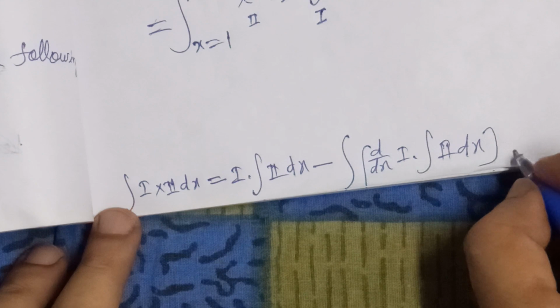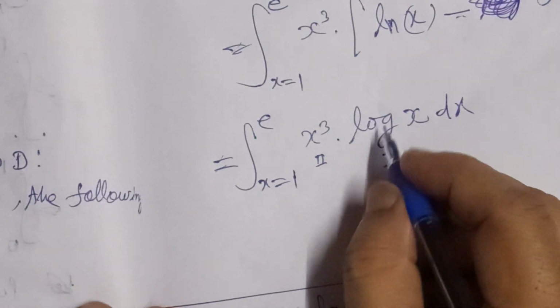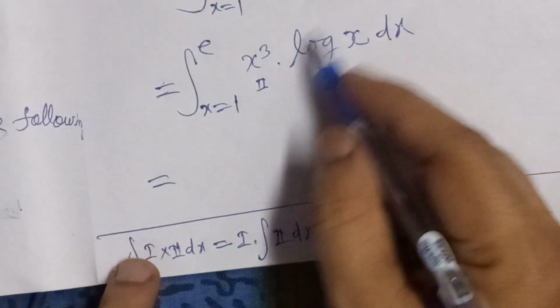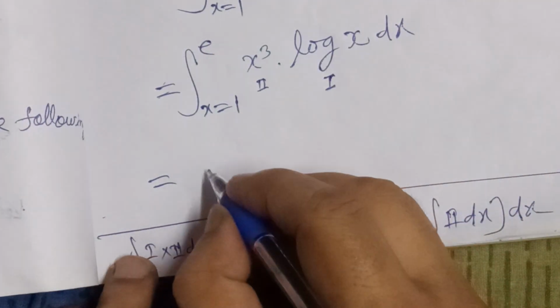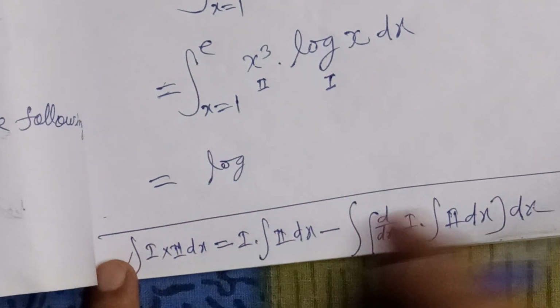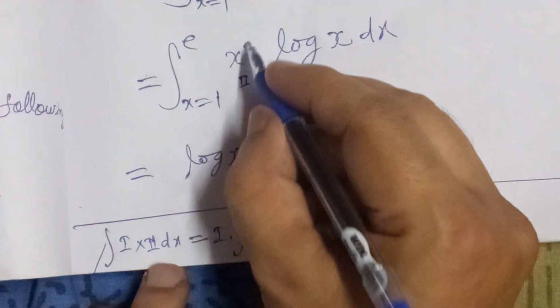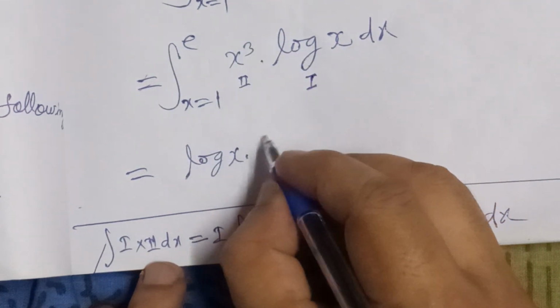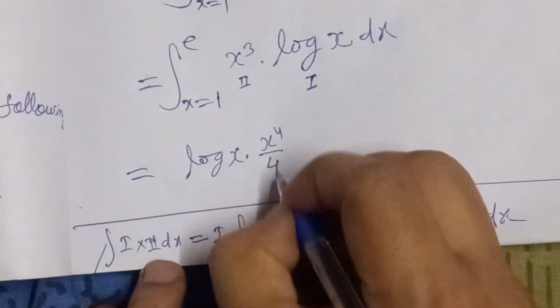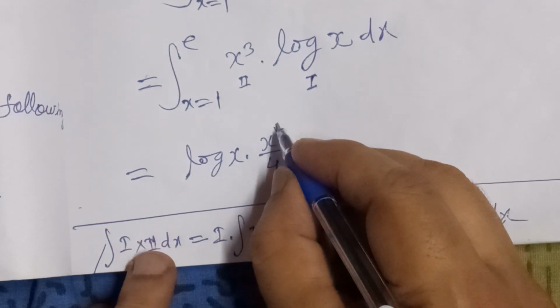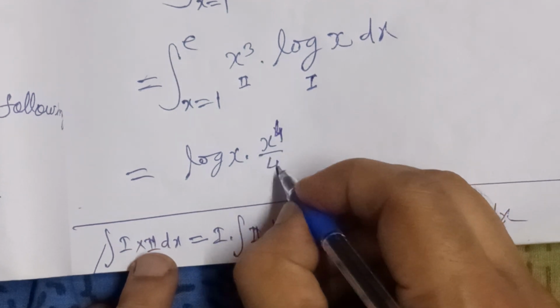The integration of x cubed is x to the power 4 upon 4, because the power is increased by one and we divide by the same 4.